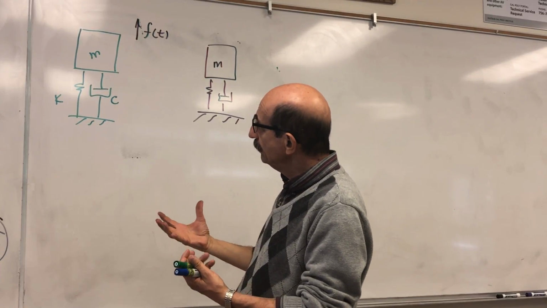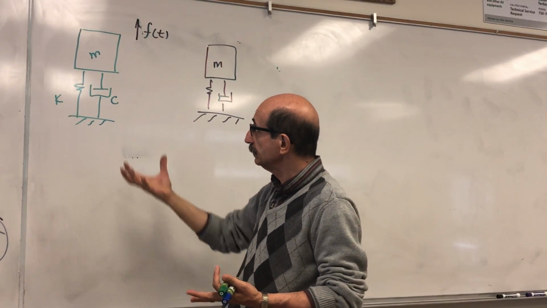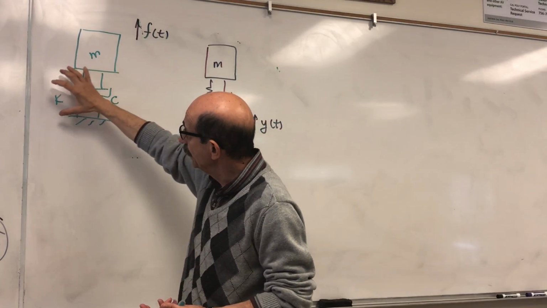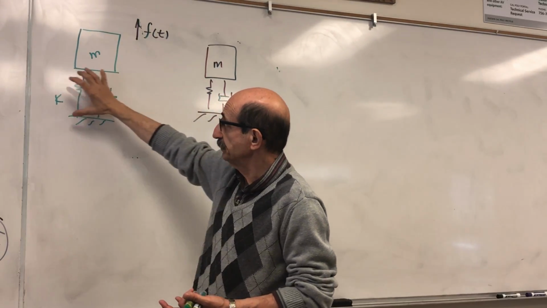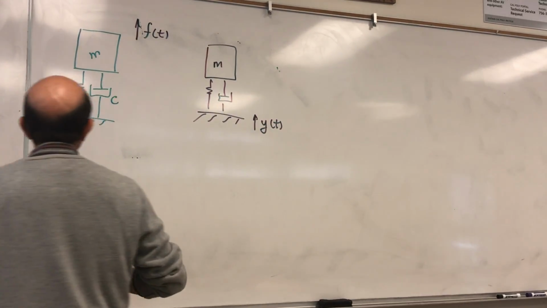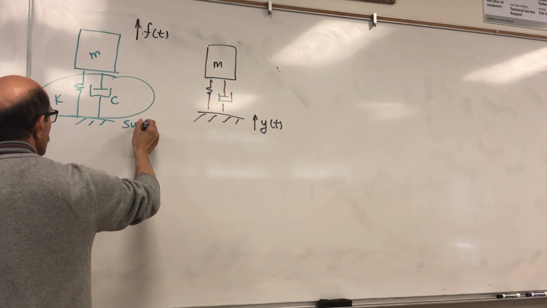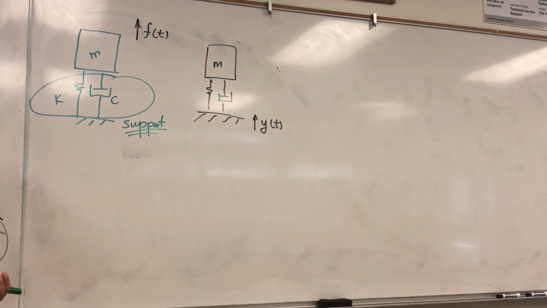This system that we modeled like this consists of two main parts. One is this mass, and this mass is supported by these two elements, which describe basically the support system of the structure, right?